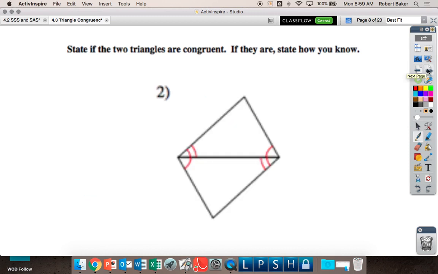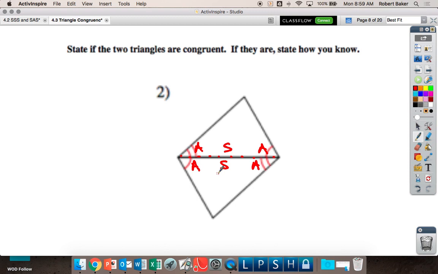What about this guy? Are these two triangles congruent? Mark what you have. You have an A congruent to an A. You have an A congruent to an A. And you have this side that is congruent to itself.